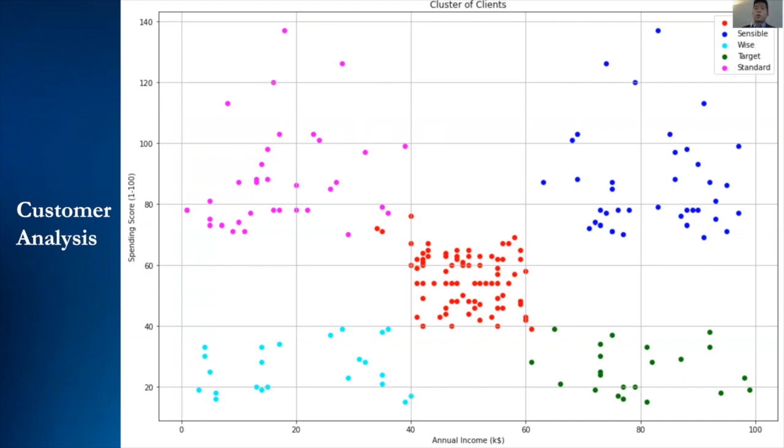This is interesting, because they are probably unsatisfied or unhappy about our mall services. With a higher annual income they are our prime target, since they have potential to spend more money in our mall, and the mall authorities will try to add new facilities so that they can attract them and meet their needs.